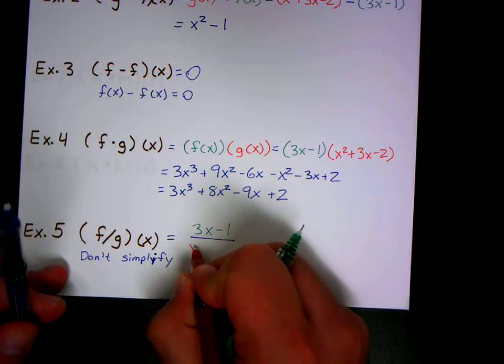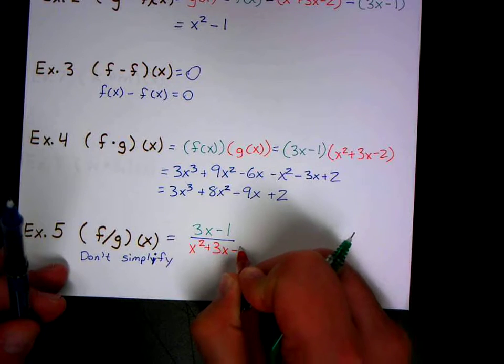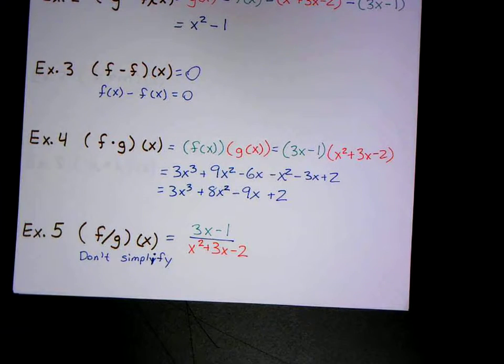So I don't want you doing it until we go over it, because I want to make sure that you do it correctly. A lot of kids, if they were asked to simplify this, are going to cross out the 3 x's, and they're going to tell me the answer is -1 over x squared minus 2. Which is really, really wrong.